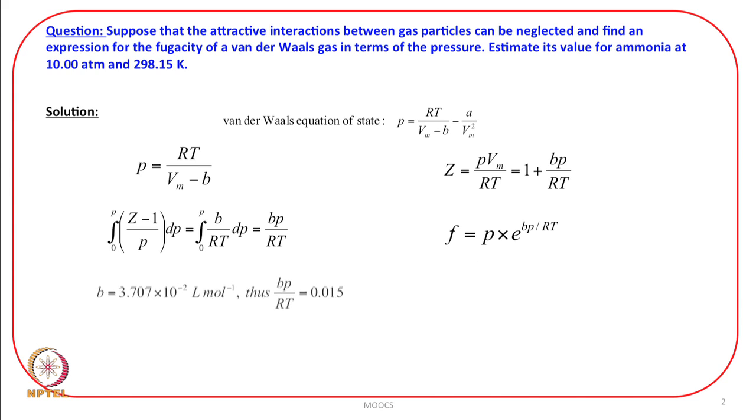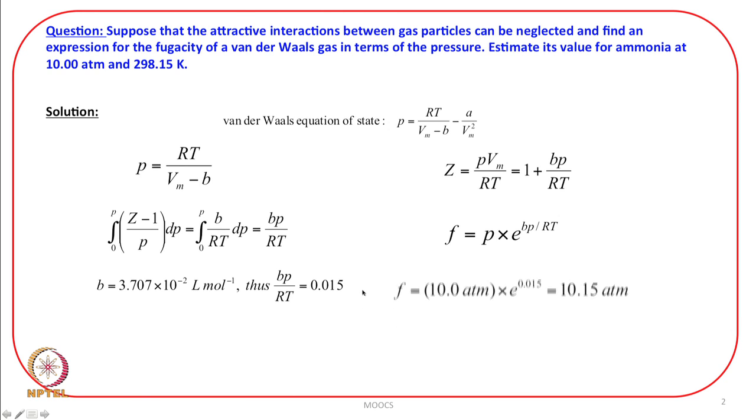All the information is given. The value of b is 3.707 × 10^-2 liter per mole, and when you substitute in bP/RT, with R and T in suitable units, because if you are putting pressure in atmosphere, then it is better to use R in liter atmosphere per Kelvin per mole, it turns out to be 0.015.